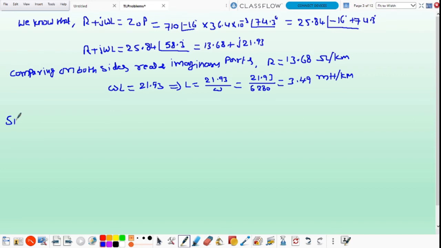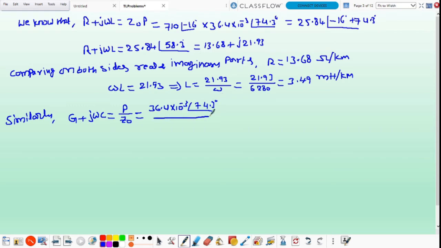Similarly, we know that G plus j omega C is equal to gamma divided by Z naught. The propagation constant value is already calculated: 36.4 into 10 to the power of minus 3 at an angle of 74.3 degrees.